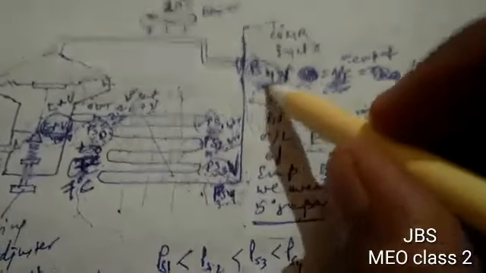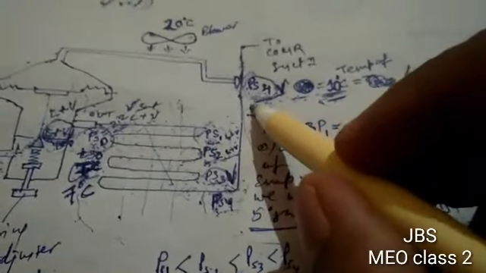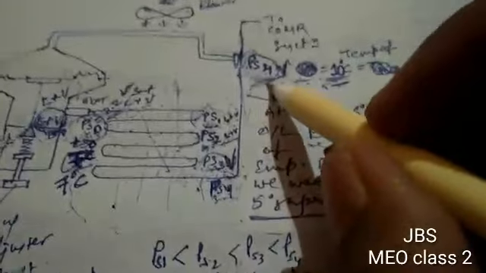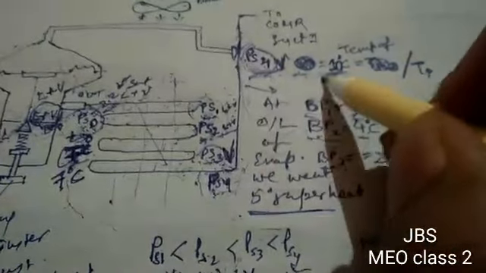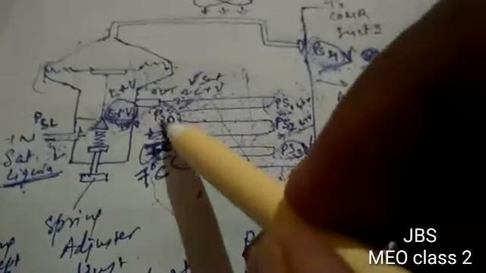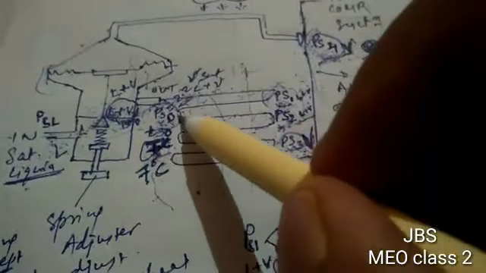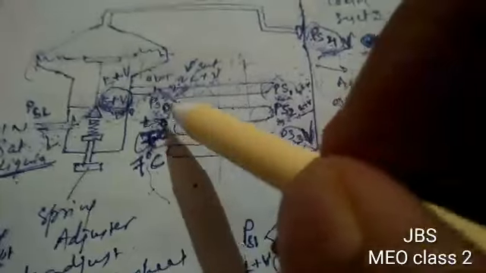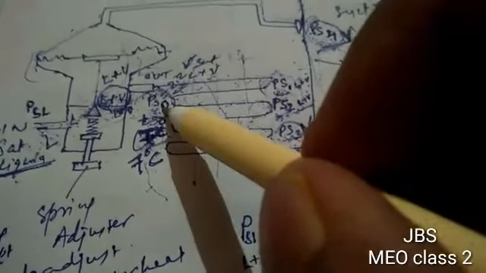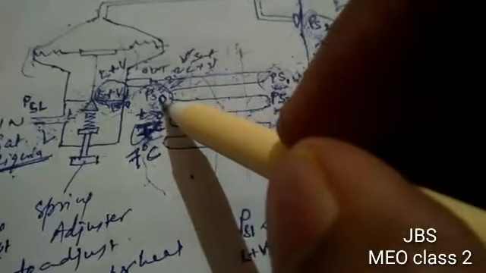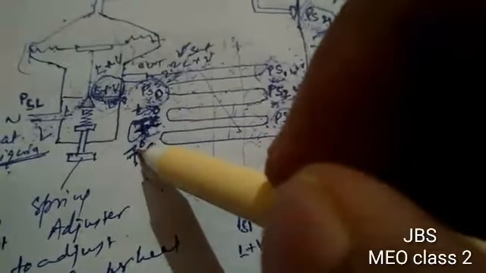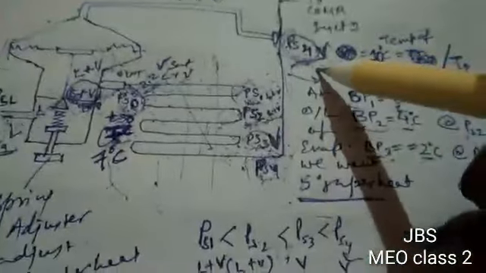At the outlet, at saturation pressure PS4, we have the temperature of the refrigerant as 10 degrees C, and corresponding to the saturation pressure at the inlet, PS0, the saturation temperature is 7 degrees C. As we are seeing here, this is liquid plus vapor phase, and here only vapor phase is there.